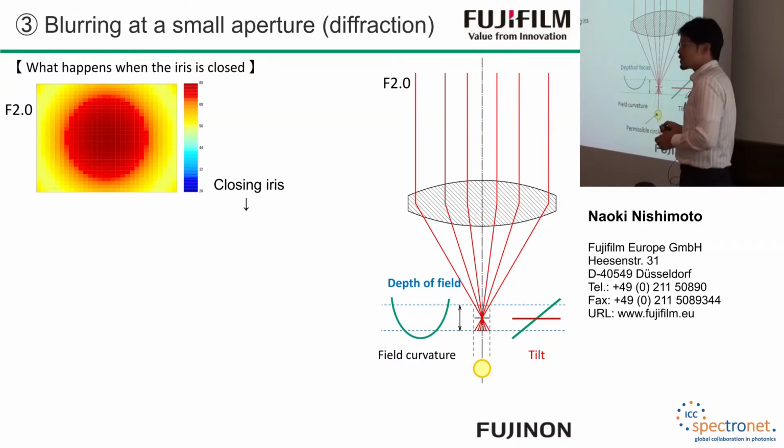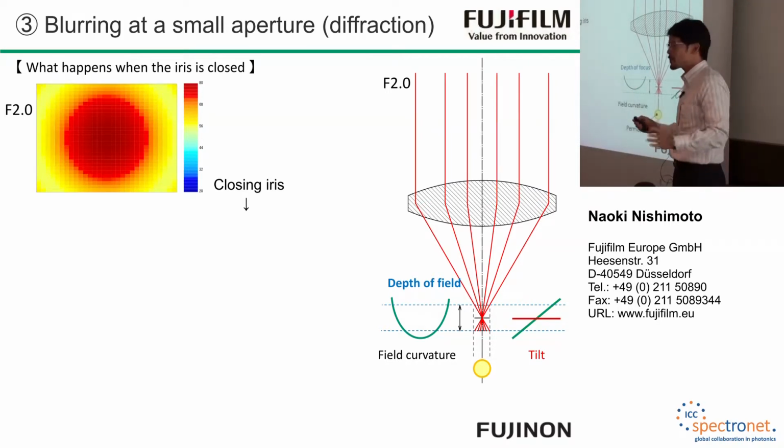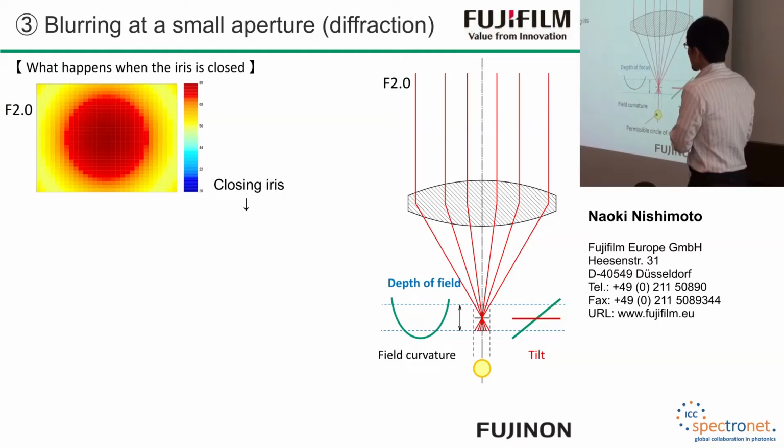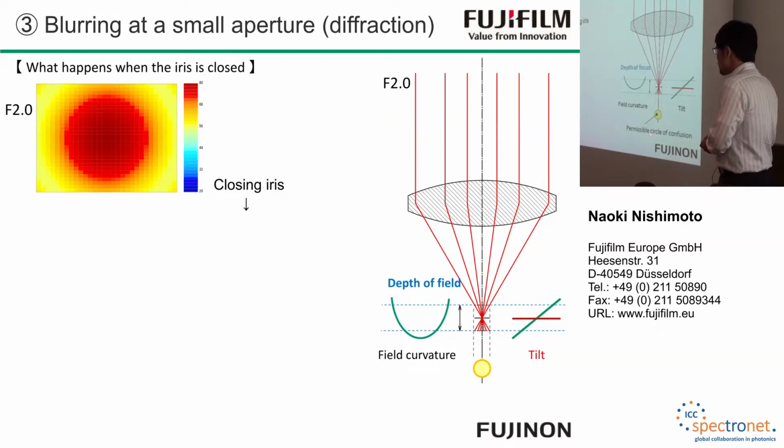Depth of focus is the width within which we can see a clear image if the image plane is within it. Depth of focus is defined by the permissible circle of confusion and F number.